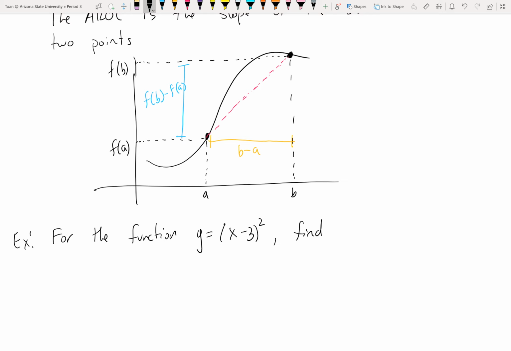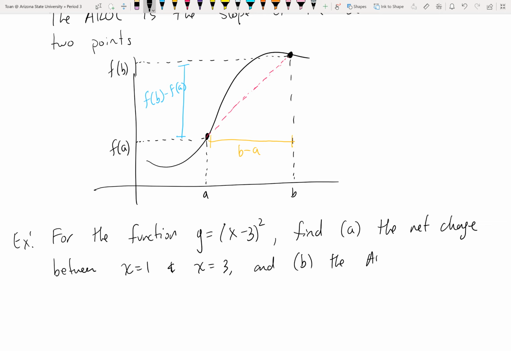A, the net change between x equals 1 and x equals 3, and B, the AROC, average rate of change, between x equals 1 and x equals 3. Right.